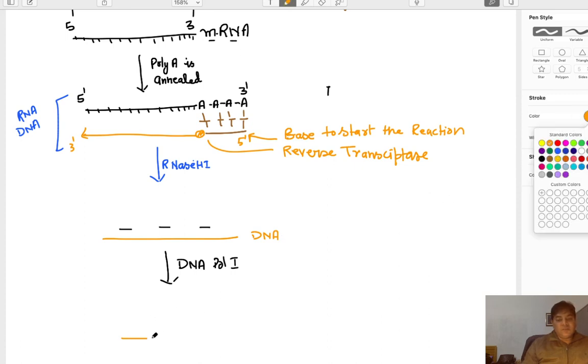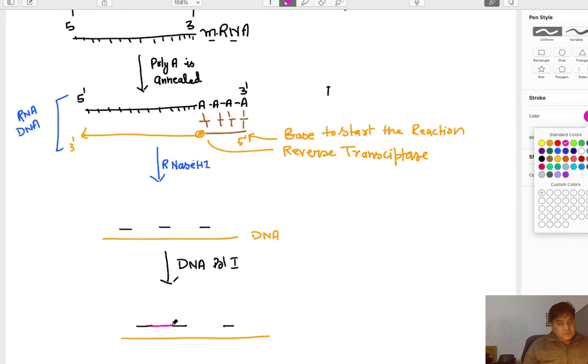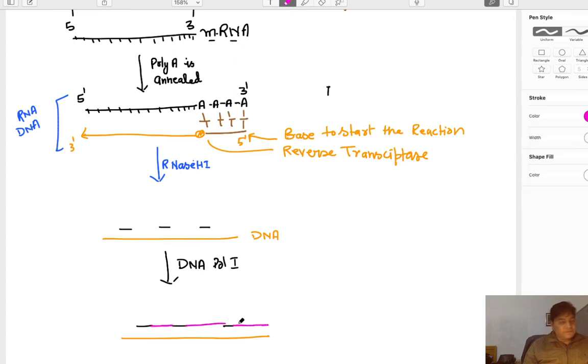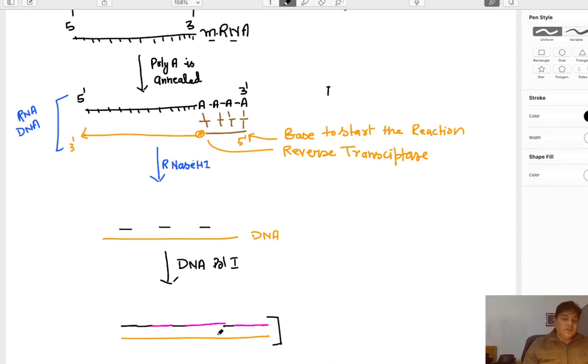This will be the first strand of the DNA, and these are the small RNAs which are present, and then we complete the second strand in the 5' to 3' direction. So this is the second strand of DNA. Later on these RNAs are also removed by certain enzymes, and then we have the total DNA fragments here. Okay, so this becomes double-stranded DNA.